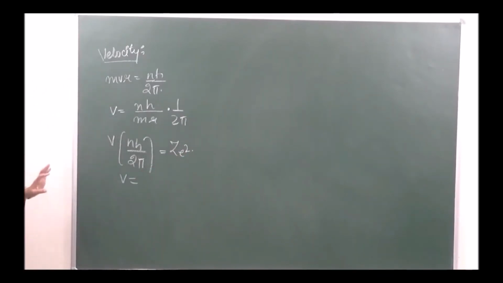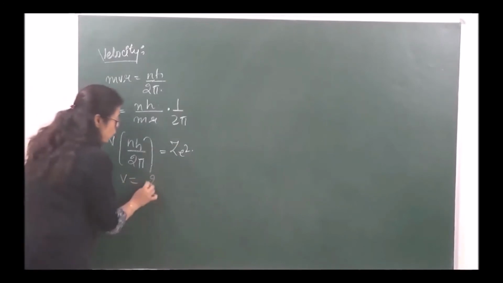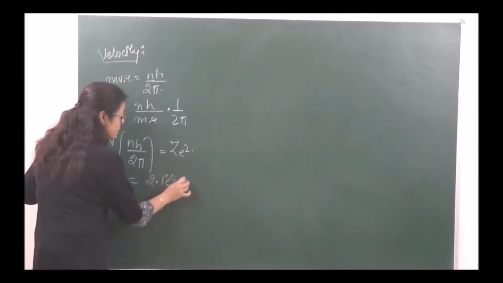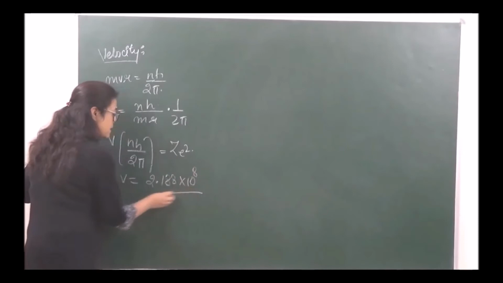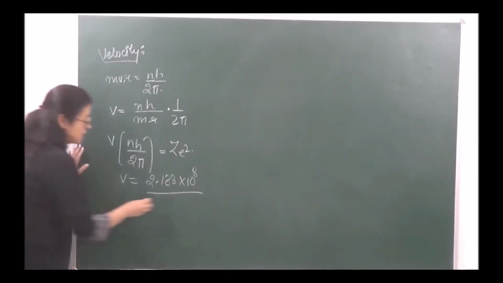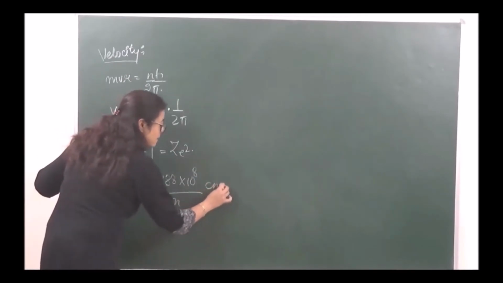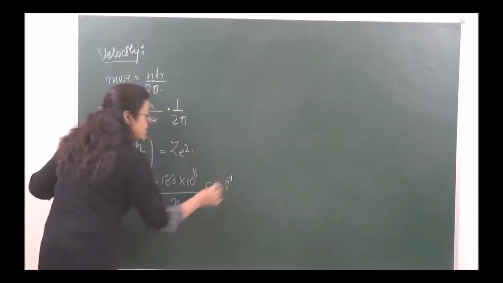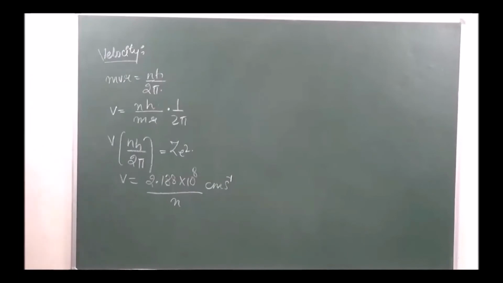So the value of velocity is given as 2.188 into 10 raised to power 8 upon n centimeters per second. This is the value of velocity which can be taken.